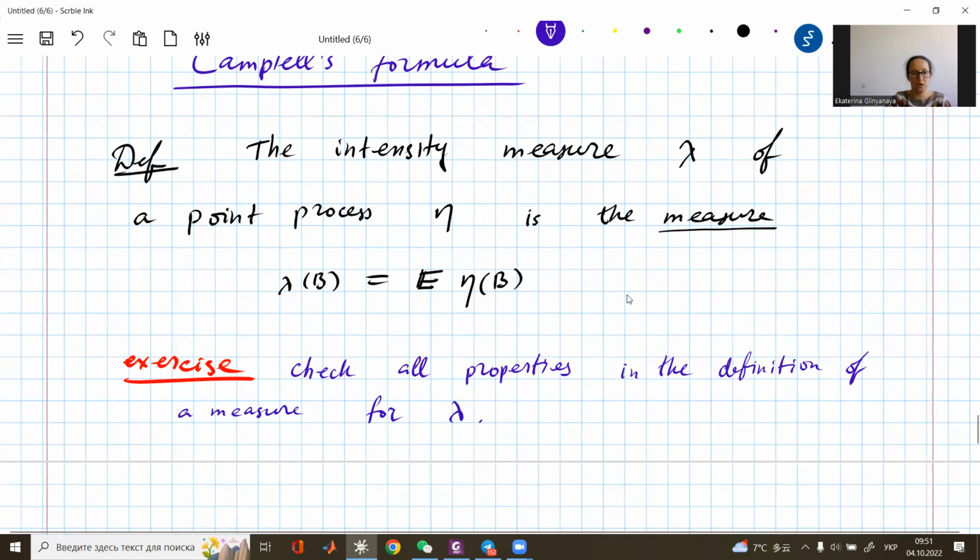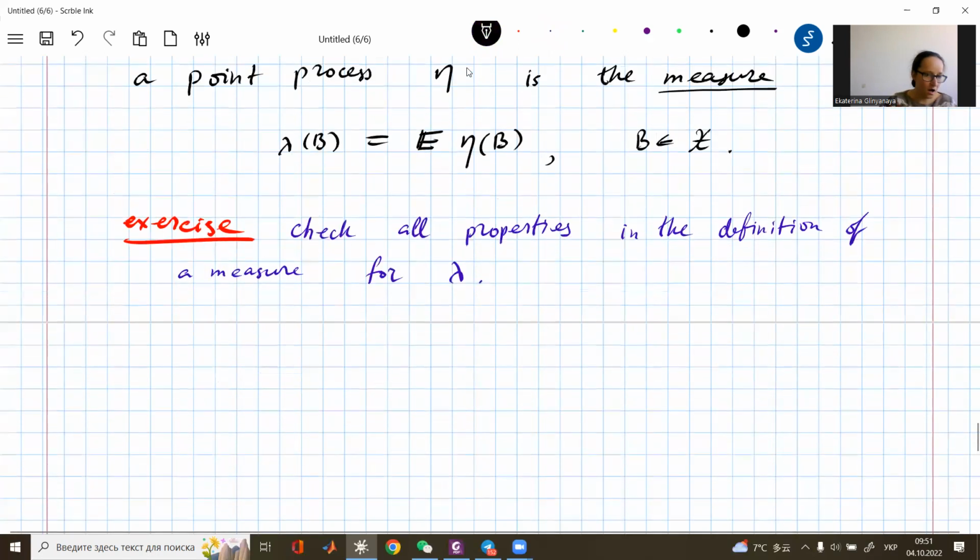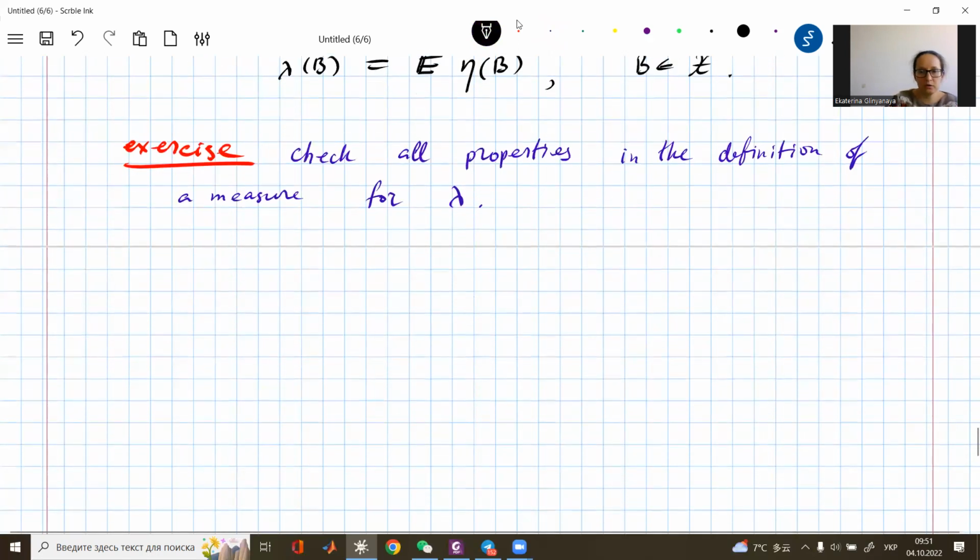So we have this object lambda, it is defined on subsets B, and I just want to be sure that this is indeed a measure. And now, let us consider an example.